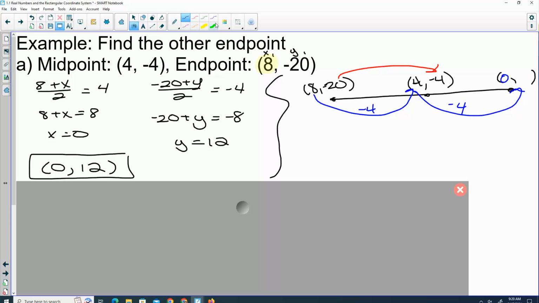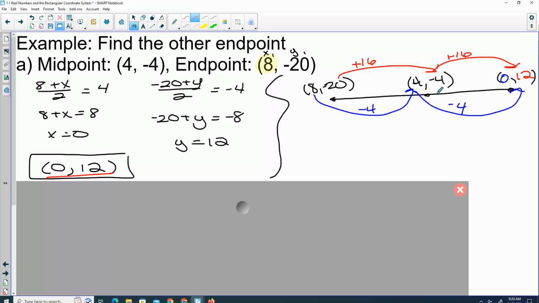We have to add 16. So if I do it again, negative 4 plus 16 is 12. And we get the exact same thing. So the first option is if you're more algebra minded. Second option is if you just want to kind of think through.